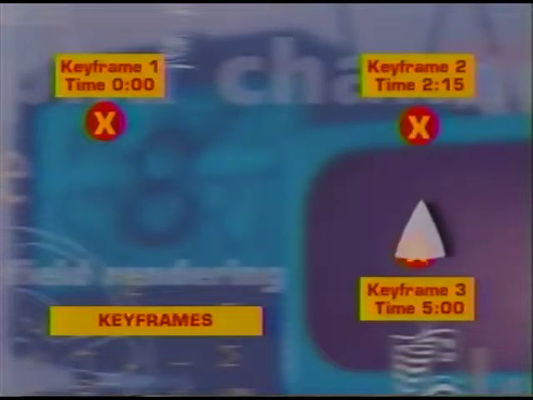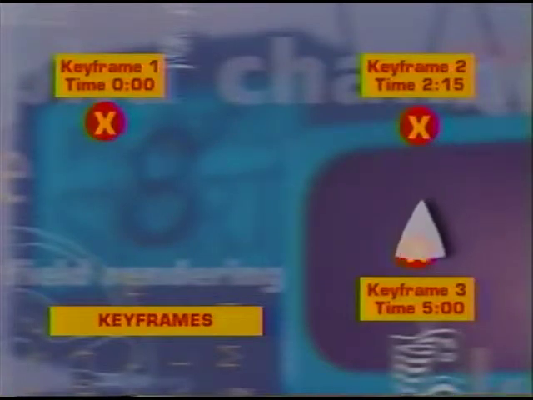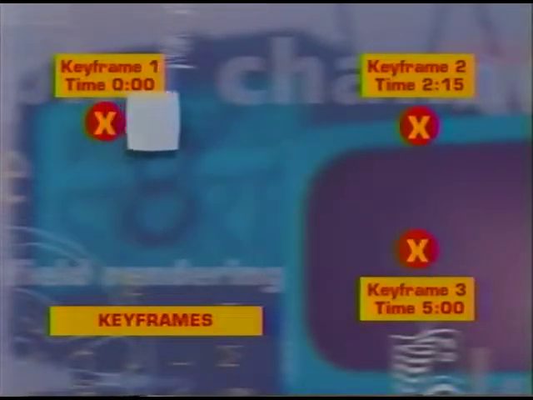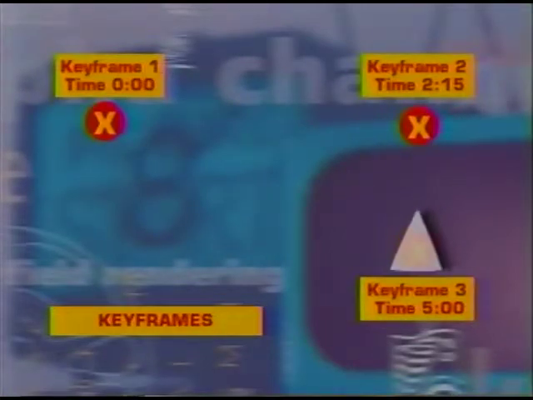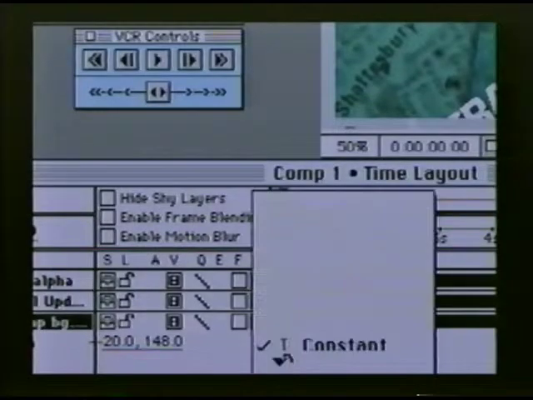Keyframes are points in time where events are set to happen, and events interpolate or tween from one keyframe to the next. Essentially, everything in After Effects is keyframeable over time. Say in your composition you would like to pan across the map image. Simple. Place it where you want the pan to begin.